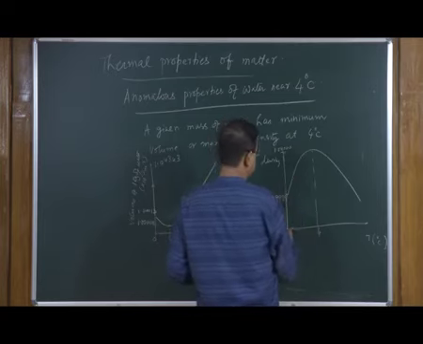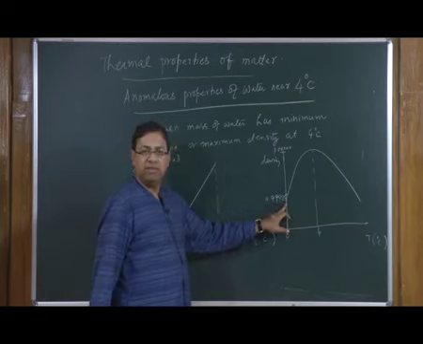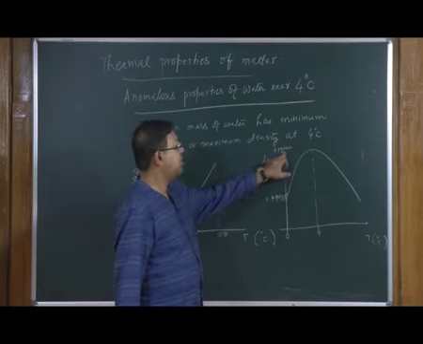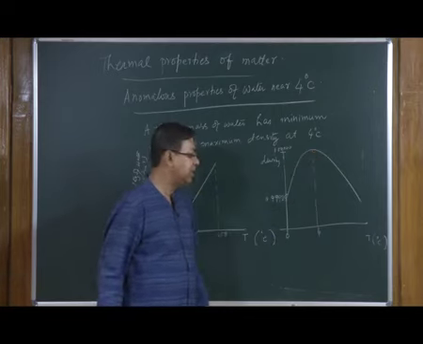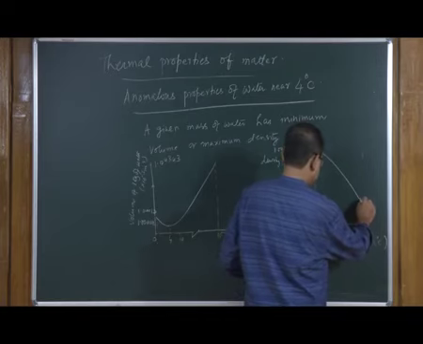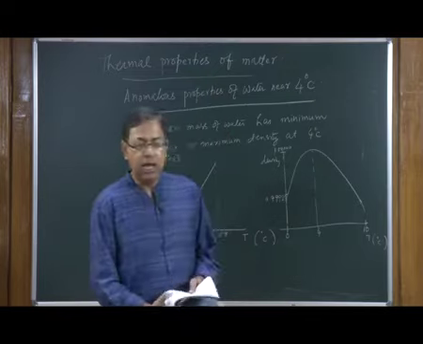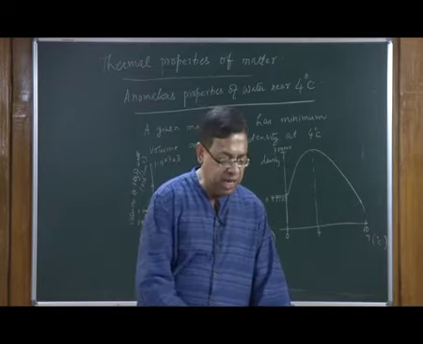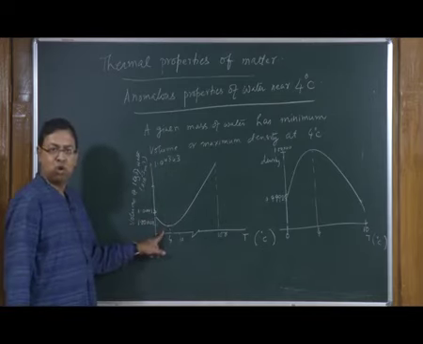So, at 0 degree centigrade it is 0.99985, and it reaches a value exactly equal to 1 at 4 degree centigrade, and say this is about 10 degree centigrade. Okay. So, this is pretty much the behavior of water, and this is called the non-monotonicity.